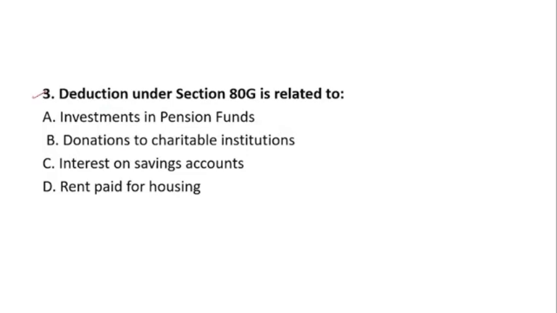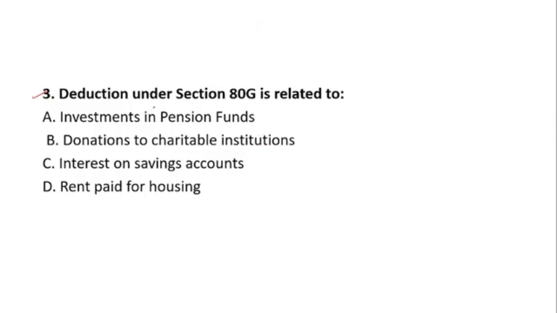What is the next question? Question number 3 is about the deduction under section 80G. Option A, investment in the pension fund; option B, donation to the charitable institution; option C, interest on the savings account; option D, rent paid for housing. So what will be the answer? Let's pause the video and try to answer yourself.